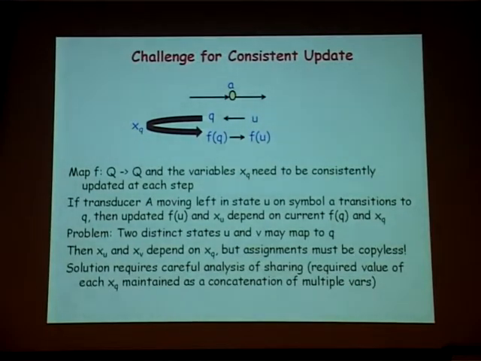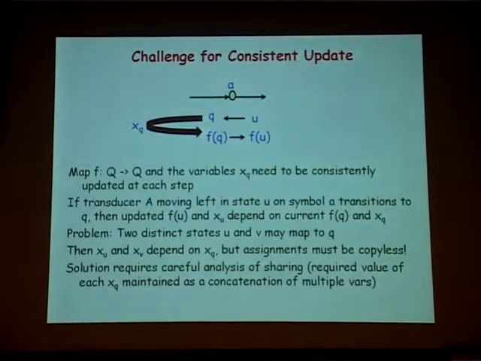And what would be the value of xq? It will be whatever the two-way transducer produced on this transition, followed by the value of xq, followed by whatever the two-way transducer would produce on this forward transition. So it would be the string here followed by xq followed by the string here.